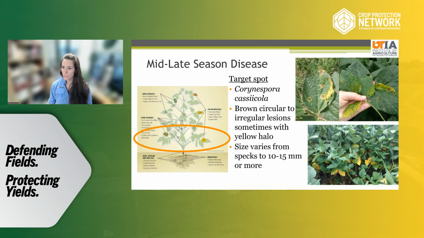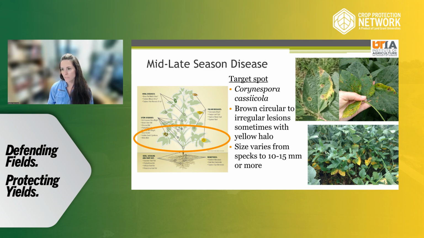Another lower canopy disease is target spot. And this one, again, is like yellowing in the lower canopy, but it has the largest of all the lesions that will develop in the lower canopy. Brown, circular to irregular lesions, sometimes with and sometimes without a yellow halo.